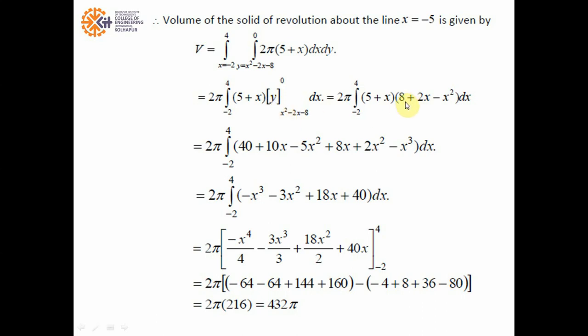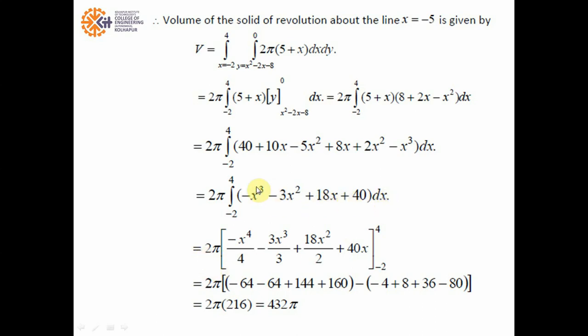So this function becomes (8 plus 2x minus x square) dx. It is equal to 2 pi integration from -2 to 4. Under the integral sign, take the product of these two functions. We get 40 plus 10x minus 5x square plus 8x plus 2x square minus x cube, dx. It is equal to 2 pi. Simplify this total bracket. We get minus x cube minus 3x square plus 18x plus 40, dx.